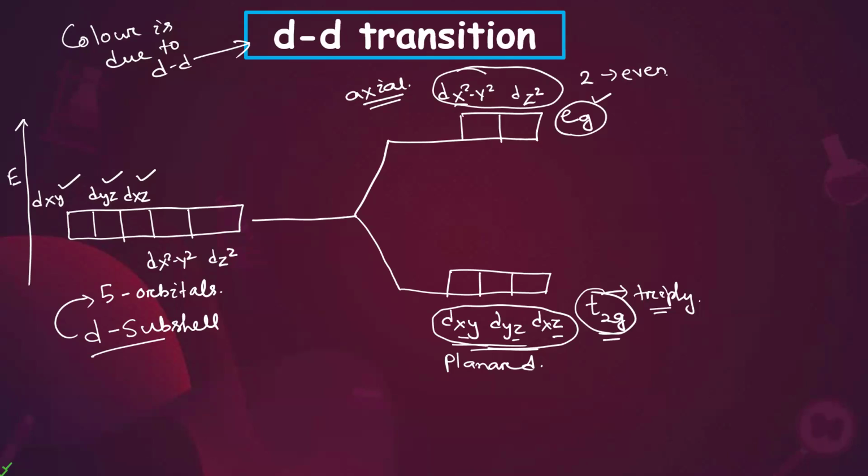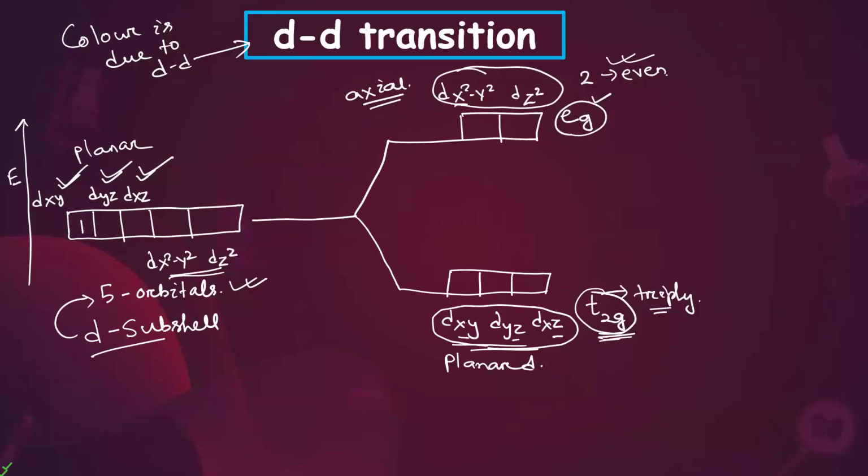So for the present time, set your mind clear. Five d orbitals are there: dxy, dyz, dxz are planar d orbitals. These are called the T2g set and it stays below. These two, dx square minus y square and dz square, are axial d orbitals, staying at the above position. Now we will come to what the transition is.